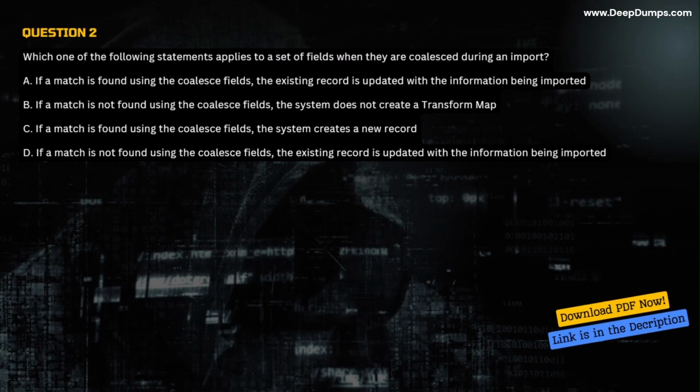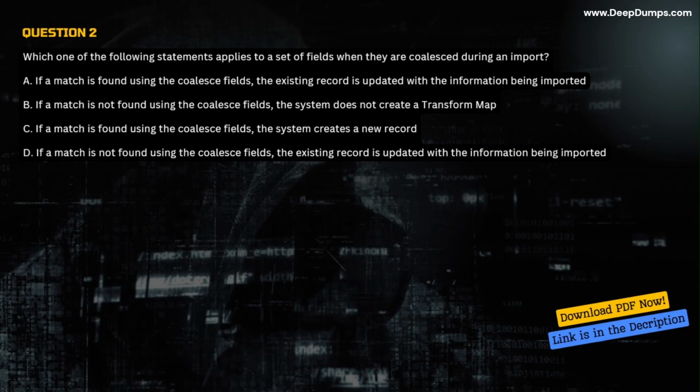Question 2. Which one of the following statements applies to a set of fields when they are coalesced during an import? A. If a match is found using the coalesce fields, the existing record is updated with the information being imported. B. If a match is not found using the coalesce fields, the system does not create a transform map. C. If a match is found using the coalesce fields, the system creates a new record.